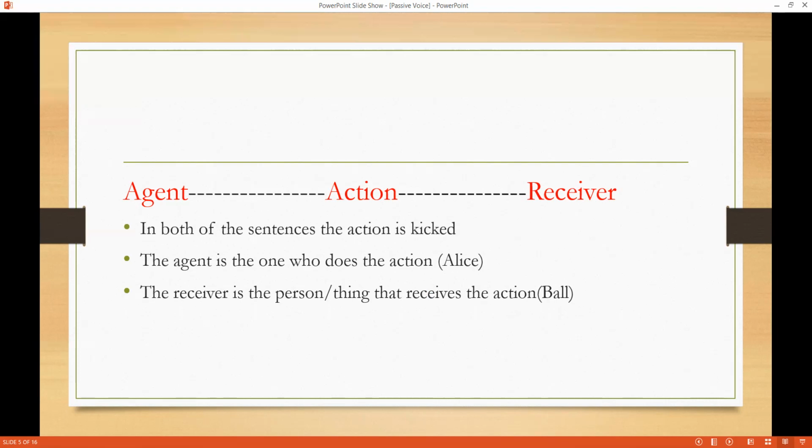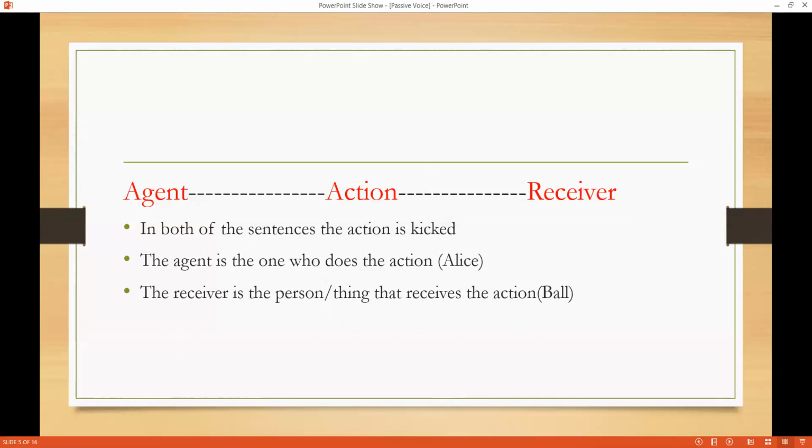So we can say that in an active voice sentence, the major focus is the agent. While in the passive voice sentence, the focus is the receiver. And notice here that the agent has been pushed to the background or to the end of the sentence. Sometimes we can even leave out the agent if it is not important.